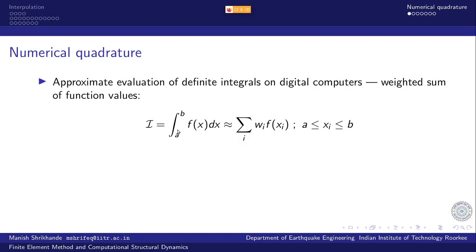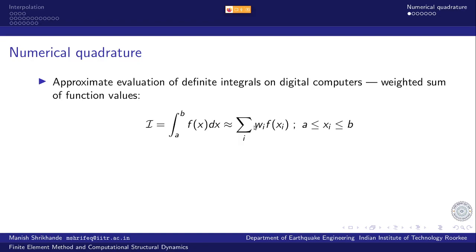This integral is essentially an accumulation, and so we approximate it by accumulation of the weighted sum of function values. We sample this function f of x at a certain number of points in the range a to b, and for each sampling point there is a weighting coefficient associated with it to scale that function value.